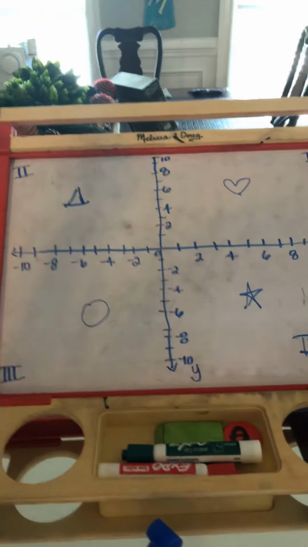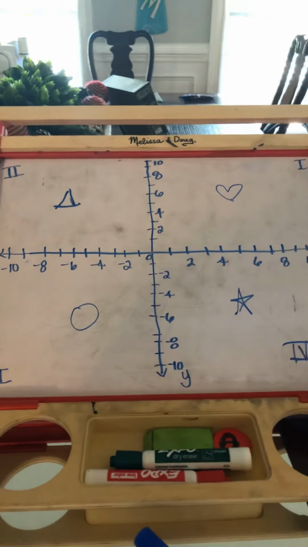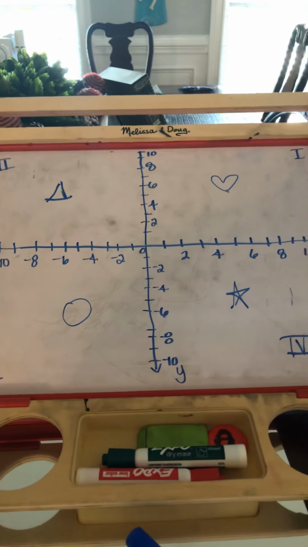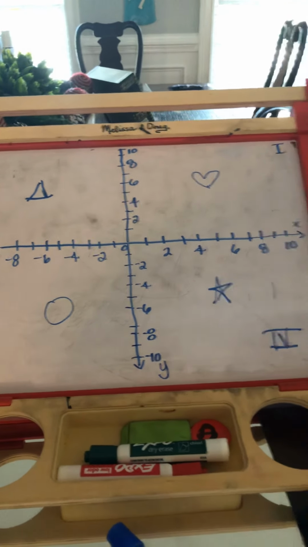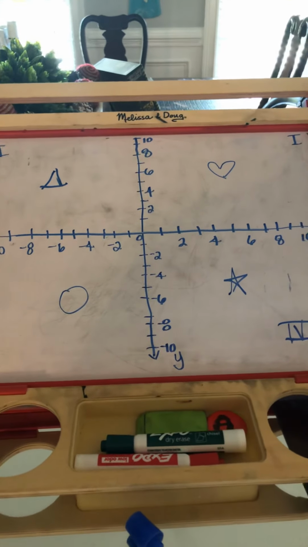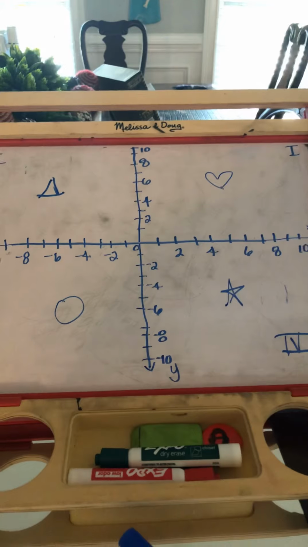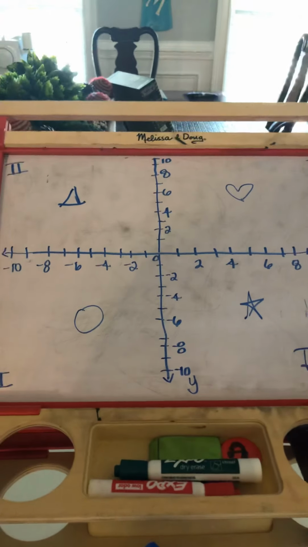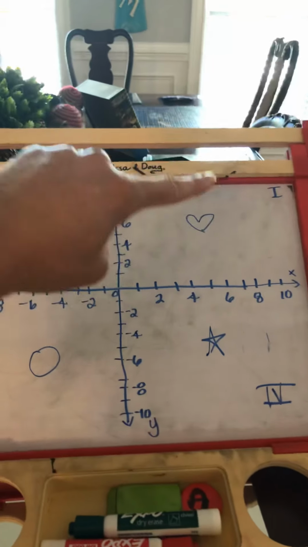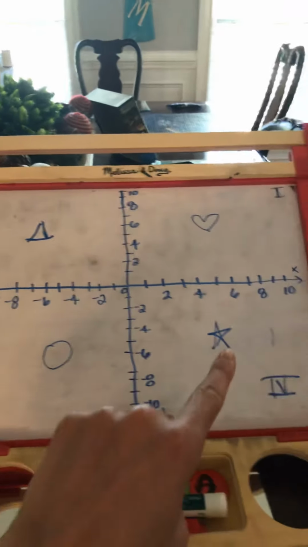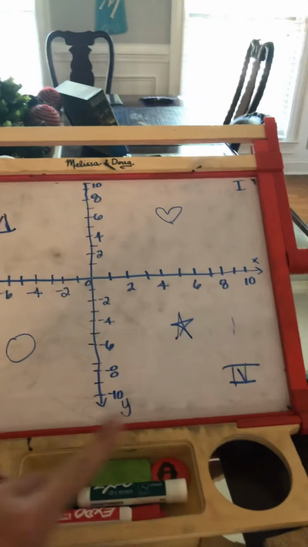And you would select quadrant 2. Or it might say, what quadrant is the star in? And you would select quadrant 4. Okay, so it's going to give you different shapes, and it might ask you what shape is in the quadrant, or it might ask you what quadrant is the shape in. So again, this is quadrant 1, quadrant 2, quadrant 3, quadrant 4. So it rotates in a C.